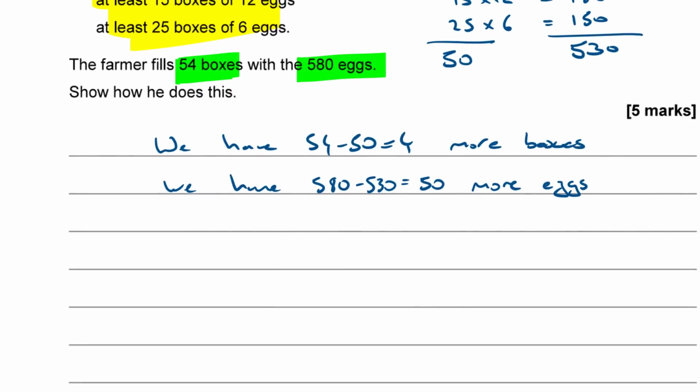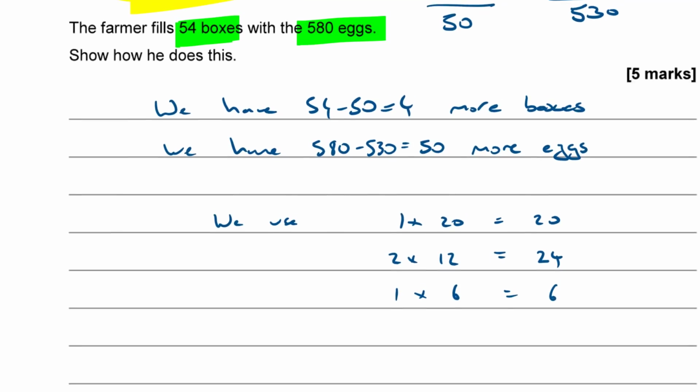So we use 1 more box of 20, 2 more boxes of 12, and 1 more box of 6, which is 6. So that gives us our 50 eggs, and it gives us our 4 boxes.